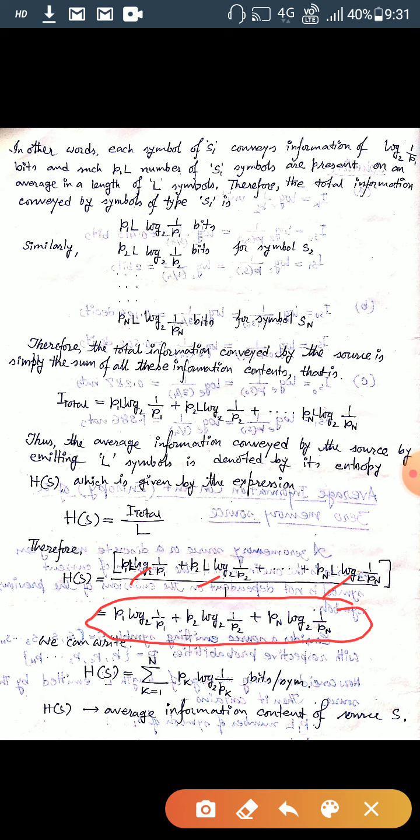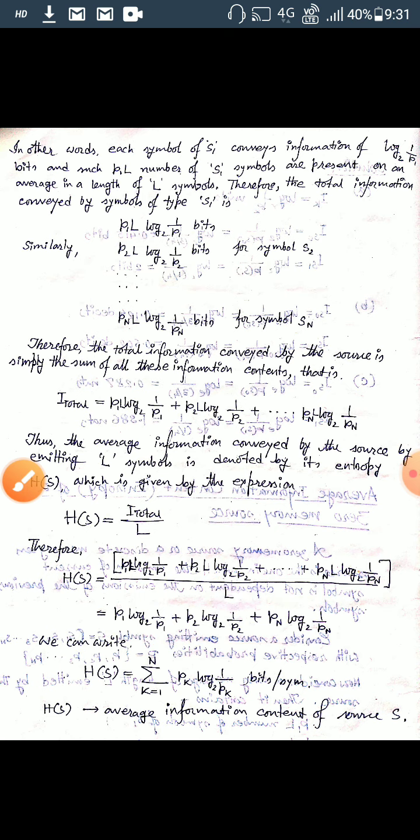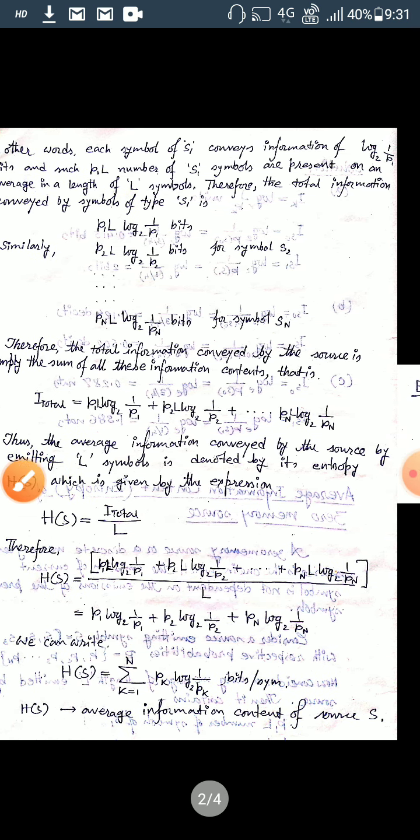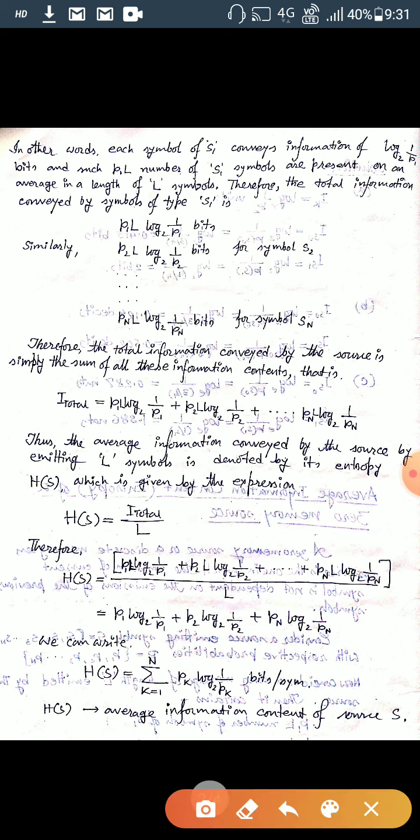If you write it in simplified form, with the unit as bit, H is the average information conveyed, also named entropy. H(S) is the summation of k equal to 1 up to n of pk into log 1 by pk, base 2, bits per symbol.